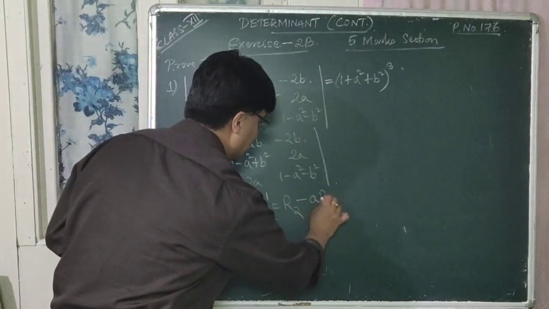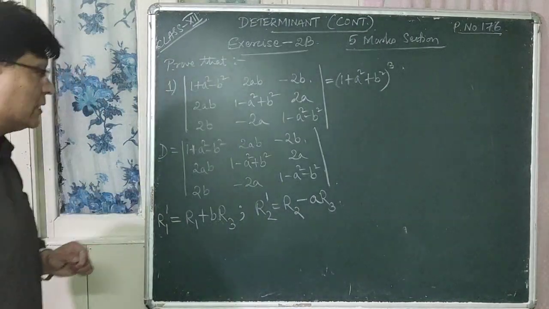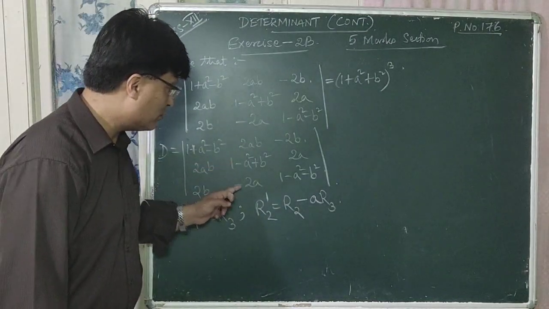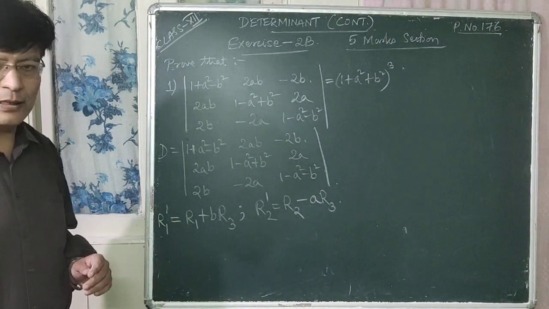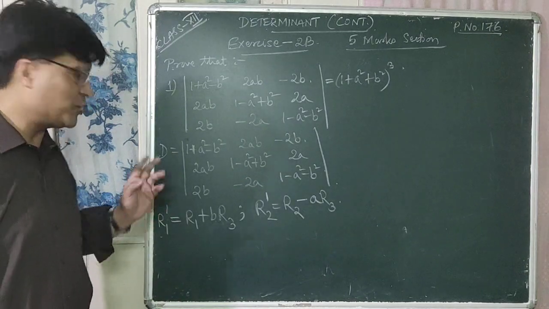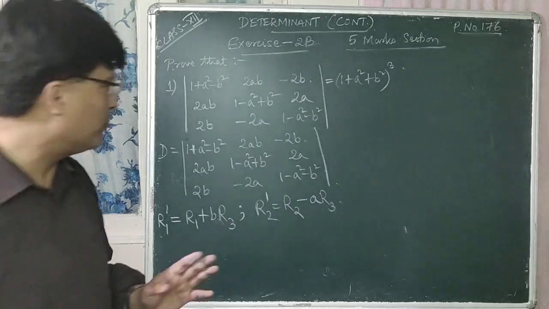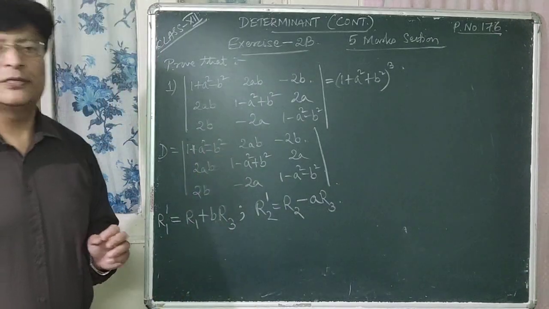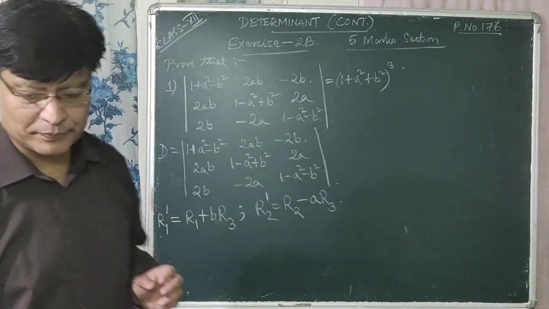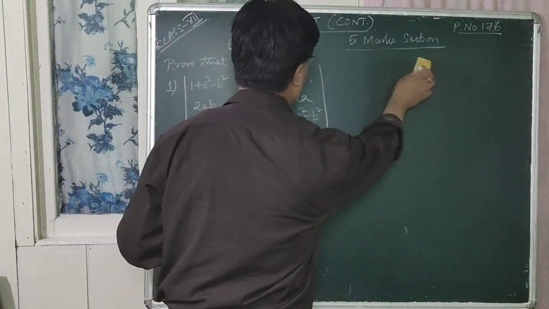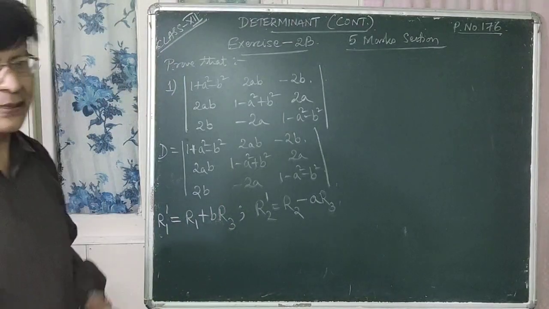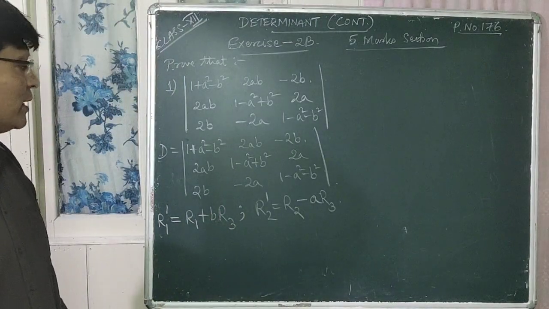So you can write here R2 minus a into R3. Is that clear? I think you have understood it. So let us change this first row and the second row, and the third row remains the same. Is that clear? So you should get the answer as 1 plus a square plus b square whole cube. You should get that answer, 1 plus a square plus b square whole cube.